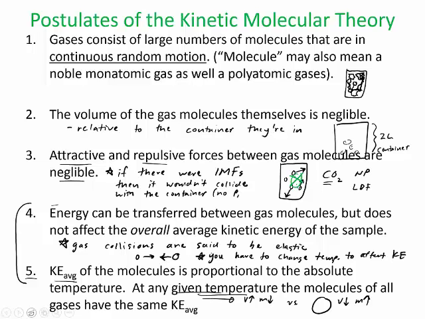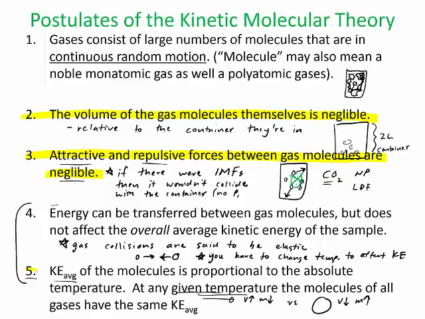In terms of our problem solving, these are going to be the most important postulates, this one and this one, because there are times when these two postulates actually break down for gases. It's also affected by this, which plays a role as well.